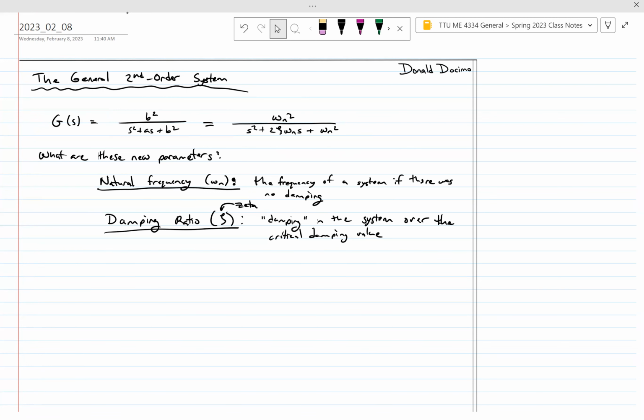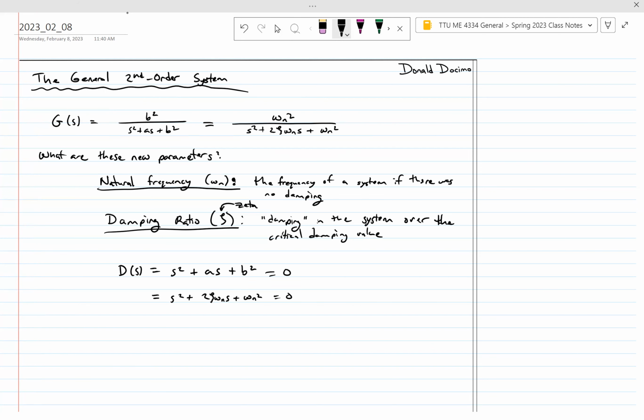Match the coefficients, right? So for our denominator, let's get that characteristic equation, s squared plus a s plus b, that would be equal to 0, or s squared plus 2 zeta omega n s plus omega n squared. Looks nice and neat in this case, right?